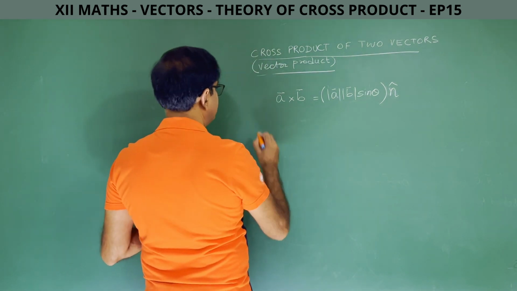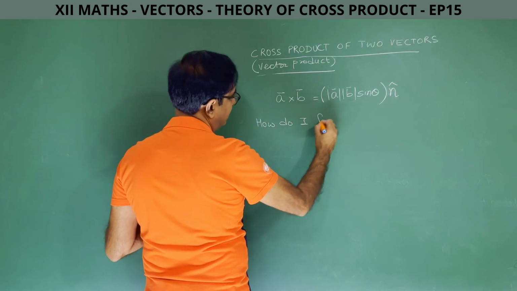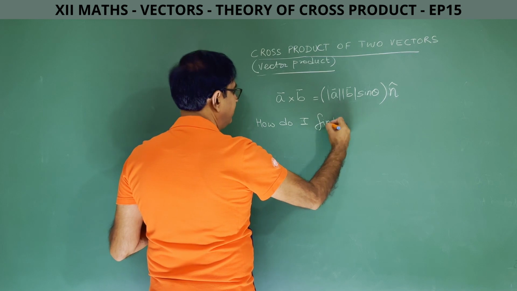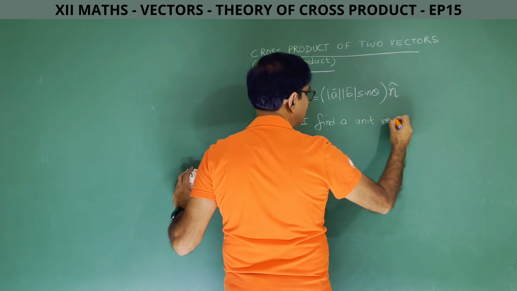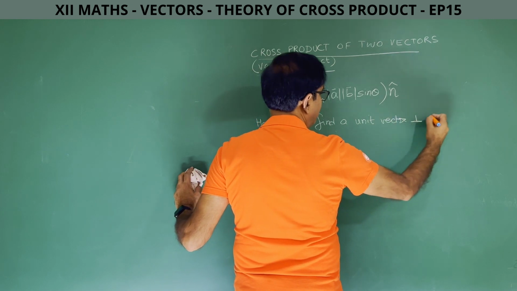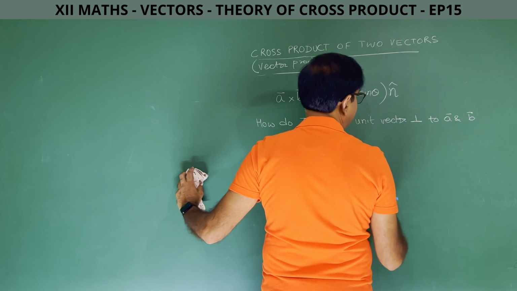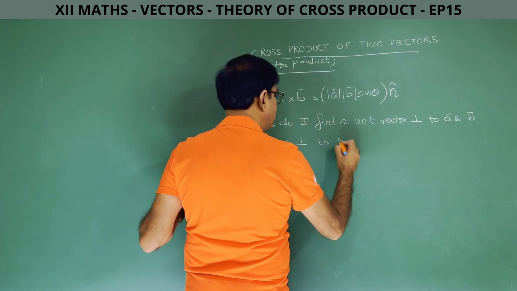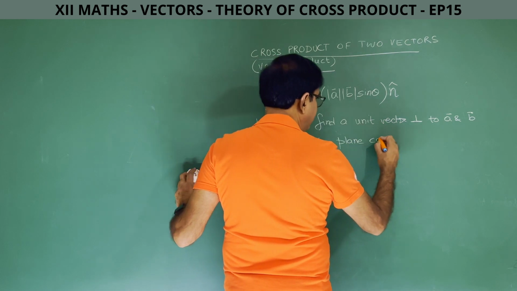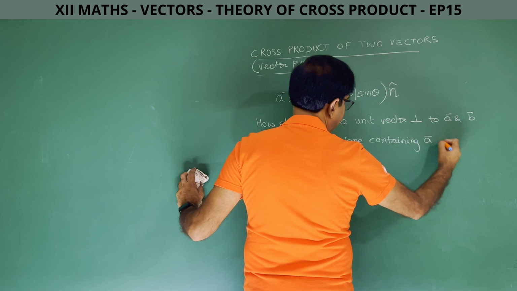Now, suppose, how do I find a unit vector perpendicular to vector A and vector B, or perpendicular to the plane containing vector A and vector B?